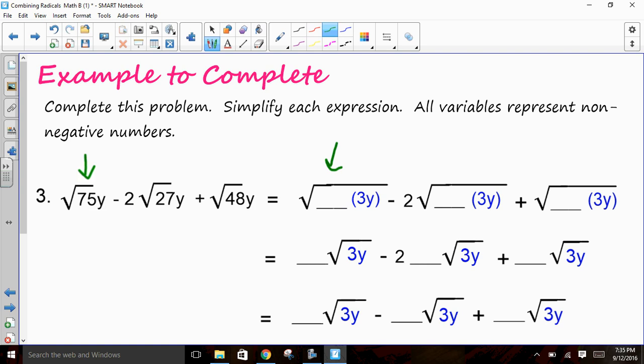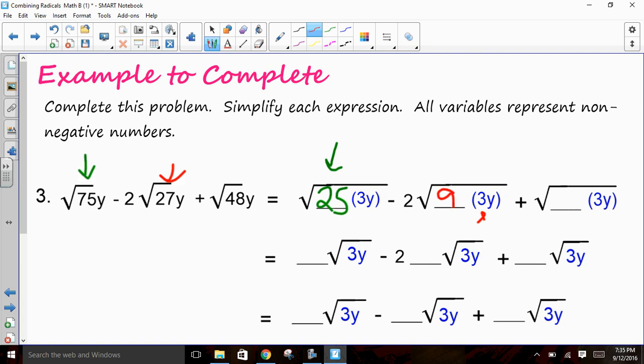Well, 75, think of quarters. How many quarters do I have? I have 3. So in that first blank, I'm going to put a 25. The next blank corresponds with my 27. I'm going to try to think what times 3 gives me 27, because it's already telling me it's going to be multiplied by 3.